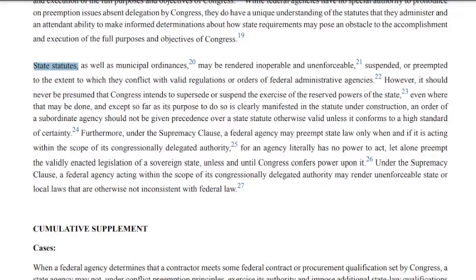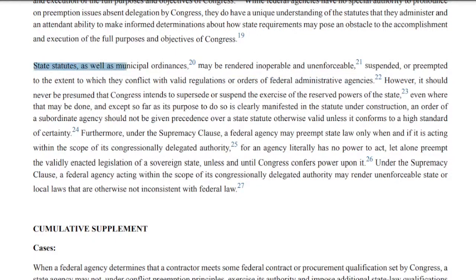State statutes, as well as municipal ordinances, may be rendered inoperable and unenforceable, suspended or preempted to the extent to which they conflict with valid regulations or orders of federal administrative agencies. Federal administrative agencies can supersede these municipal ordinances.